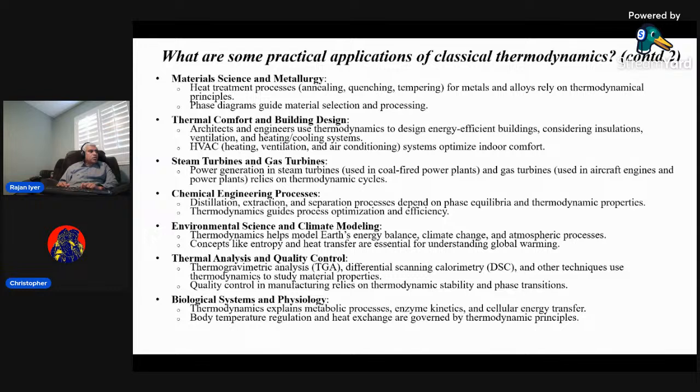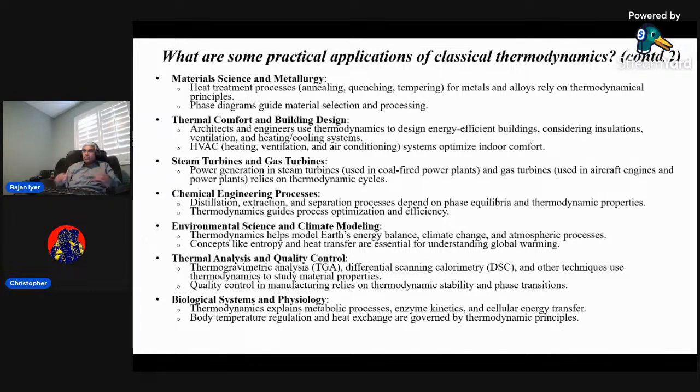Quality control depends on thermodynamic stability and phase transitions. So we use many things that use chemicals, things like that, so they have to be stable. They cannot release gases which are toxic. Also, the pressure conditions, even enclosures like gas cylinders, things like that. We have to know what's going on. Phase transitions such as solid, liquid, gas, among other things.